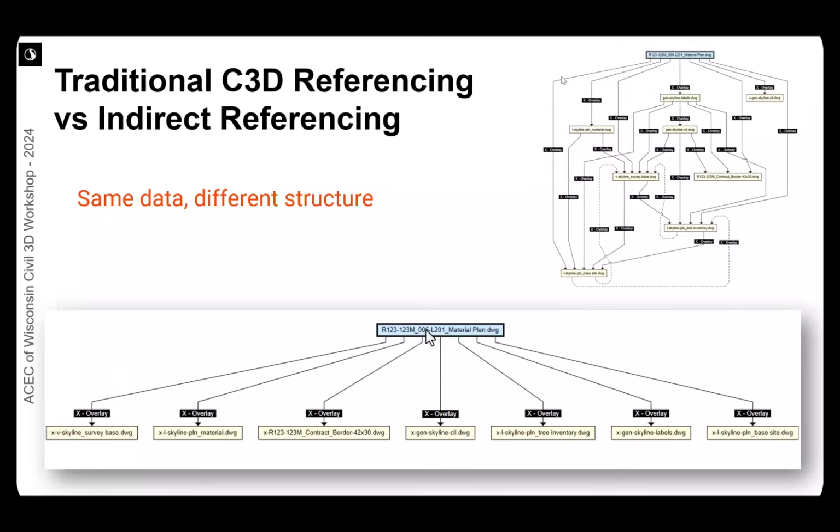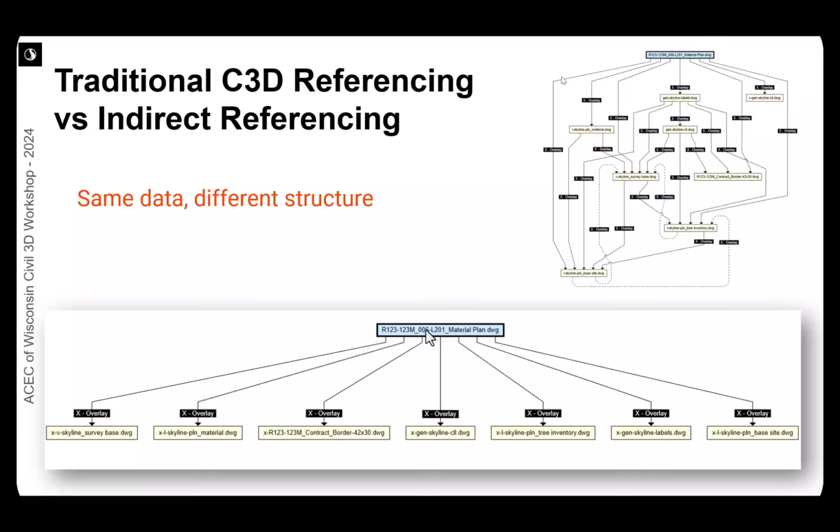It eliminates the circular references. It eliminates all those extended data relationships that need to be validated. It just brings everything to a first order reference. And it has the added benefit of removing from our reference sources all of the extra data, all of that extra baggage that we ordinarily get when we use traditional or direct referencing.